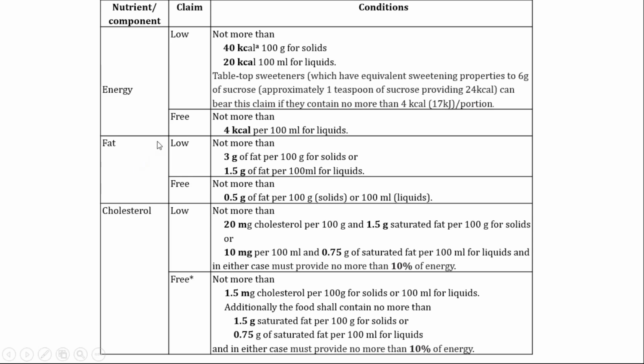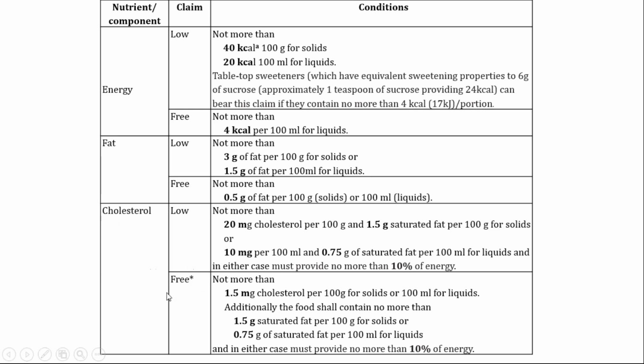If you look at fat, you can use the word low fat when the fat is no more than 3 grams of fat per 100 gram and 1.5 grams per 100 ml. You can use the word free when it is less than 0.5 grams.